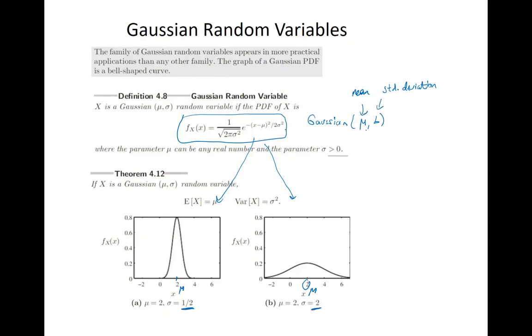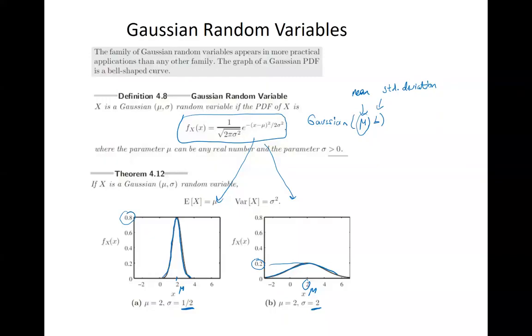So mu is the center of the PDF, and sigma simply defines the width of this curve, how much it's spread over the range of the random variable. You see it's quite peaked here. It has a peak around 0.8, while here it's spread and its peak is smaller.